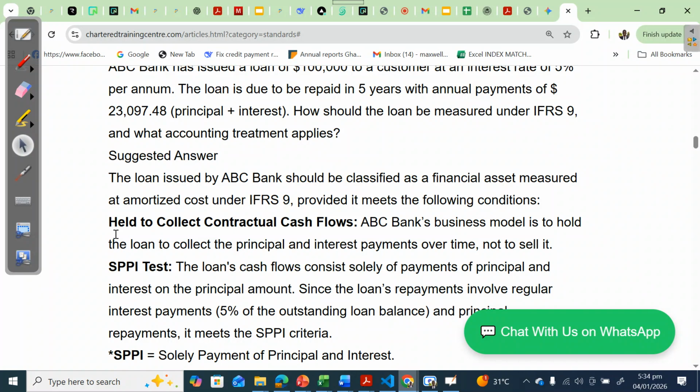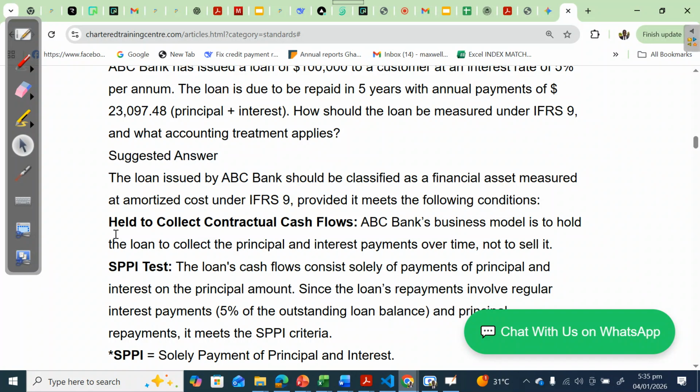Then you have to check the SPPI test. SPPI is an abbreviation for solely payments of principal and interest. What this means is that any cash flow from the financial asset is interest and principal.